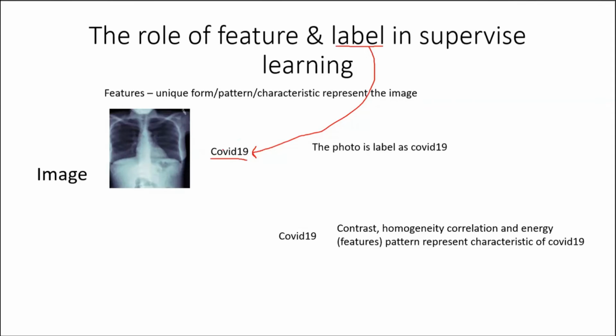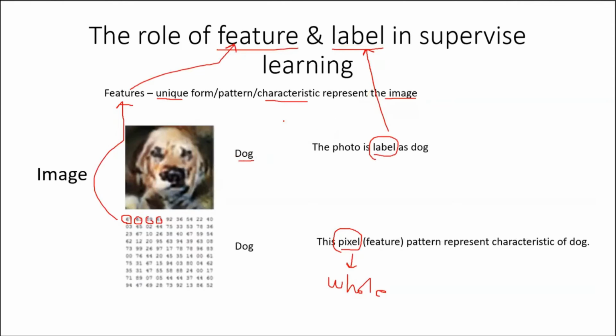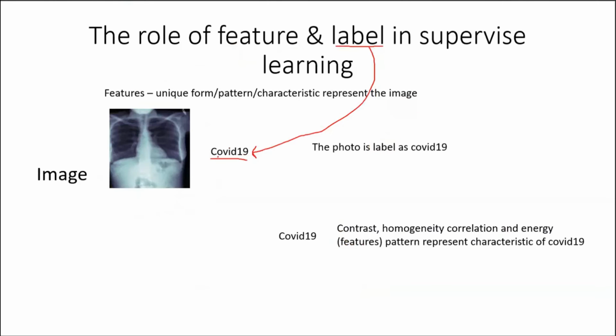Okay, so this is the label. Even if it is a dog, you can label it as anything you like. Face, animal face, and so on. So this is the image of an X-ray, and I label it as COVID-19 because my problem is to detect COVID. If my problem is to detect what kind of photo this is, then you can say it is a chest.